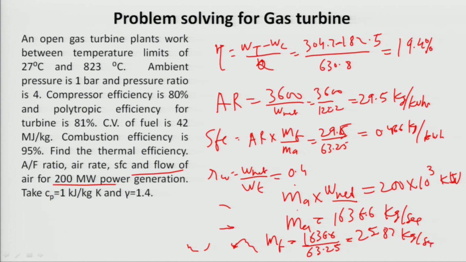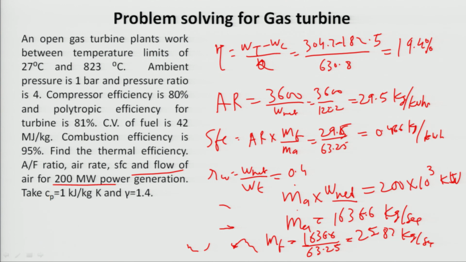So, in this manner we have seen how we can use the polytropic efficiency and how we can use the isentropic efficiency, what is the difference in the method by which we can calculate the temperatures at the different points, and with the use of those temperatures we have found the temperature at the different state points. Just put the values in this equation, we can find out the remaining things.